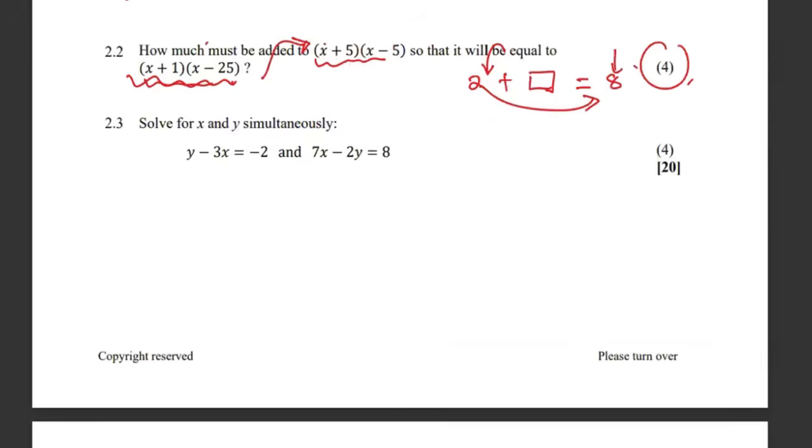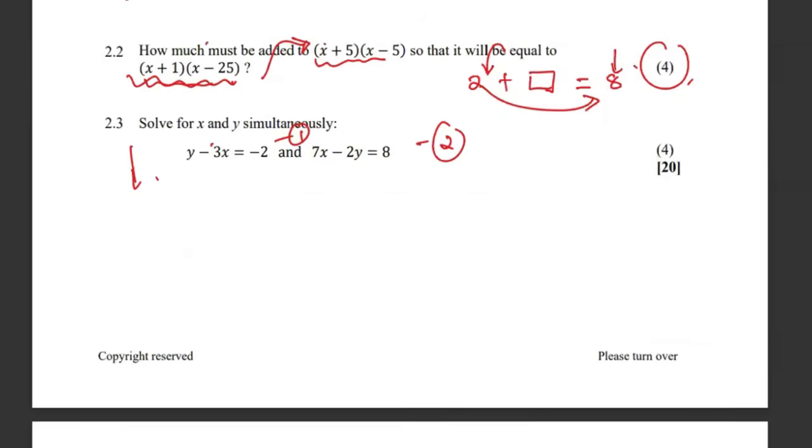So sweet, so sweet. 2.3, simultaneous equations. So with simultaneous, we have two methods. We have elimination, we also have substitution. So in this case, I'm going to use substitution. So I'll call this equation 1, I'll call that equation 2.